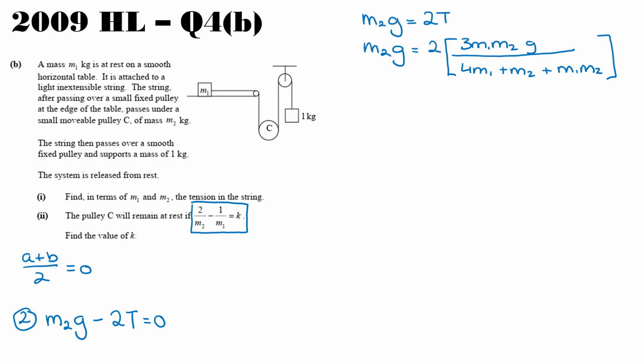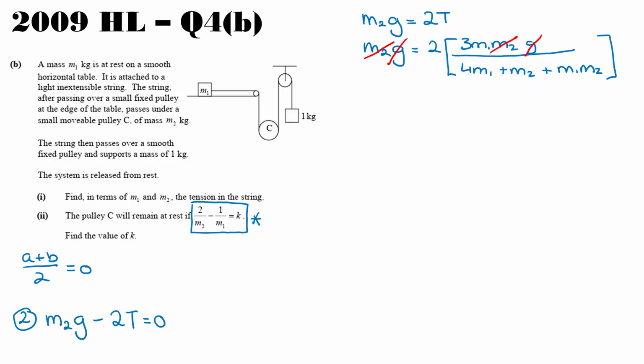And now we have an expression with just m's, and what we're trying to do then is effectively get this looking like the thing that the question has given us in part 2. So first thing I'm going to do, I'm going to divide both sides by an M2 because it appears on both sides. And then to get rid of a fraction, I also am actually going to get rid of a g at this point, so divide both sides by g.